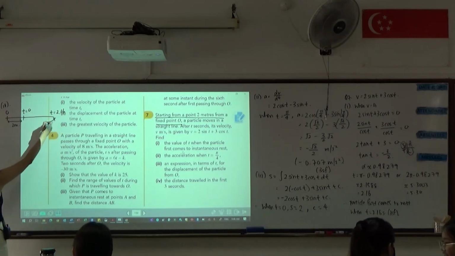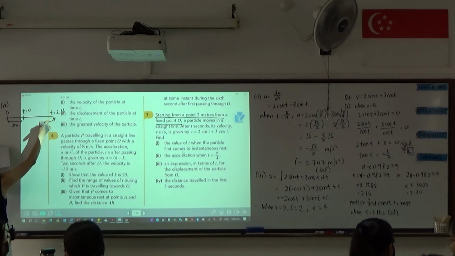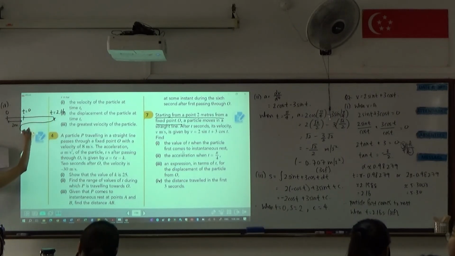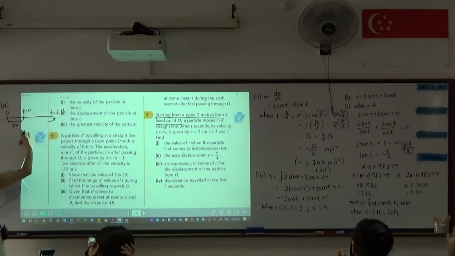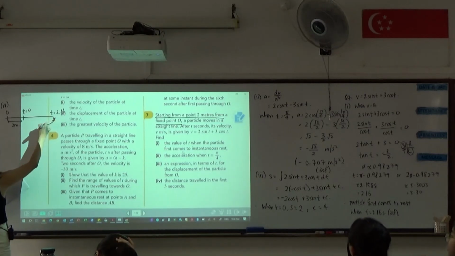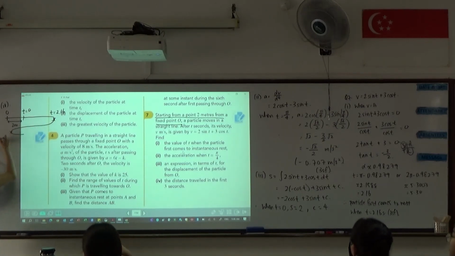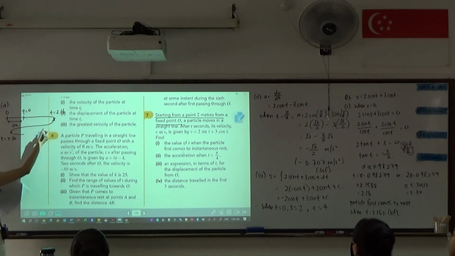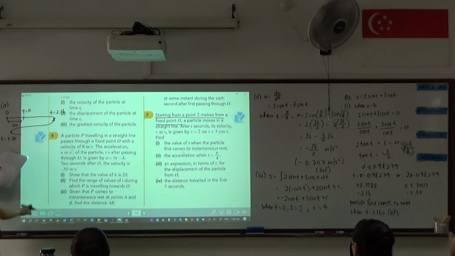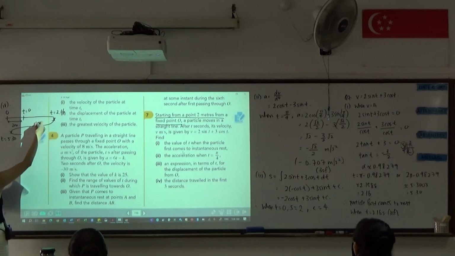After that, it will continue to travel, and at some 5.30 it will do a turn. But that is irrelevant because we're only trying to find out up to t equals to 3.